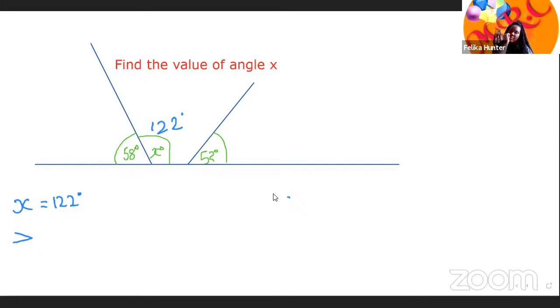Other way around. I'll just turn the sign around. Angle on a line. Straight line.